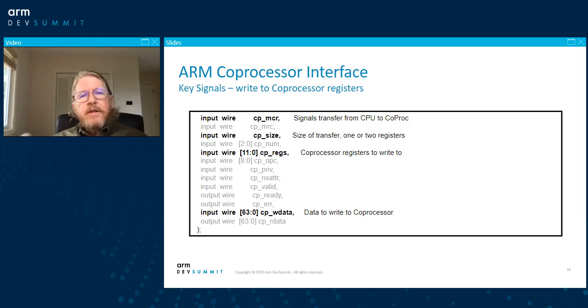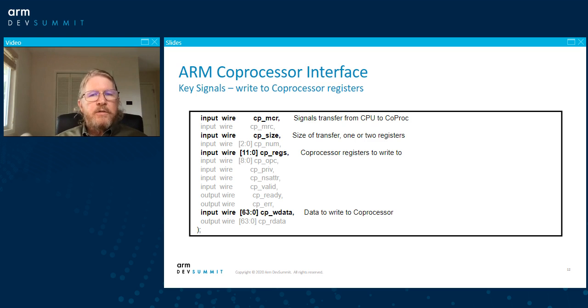So to interface to the coprocessor, these are the signals that you'd want to look at for transferring data from the processor registers into the coprocessor. The CP-MCR signal is going to identify that we have an outbound transfer. It's going from the CPU to the coprocessor. The CP size signal tells us how much data we're moving.